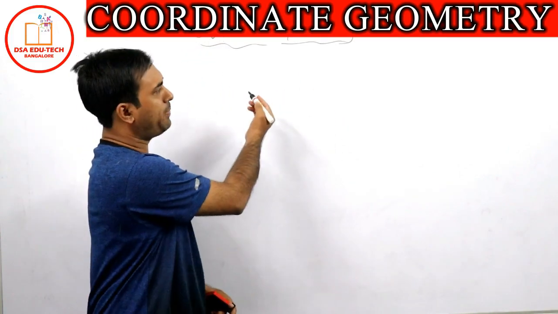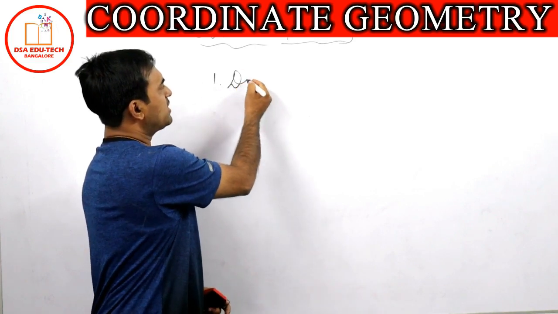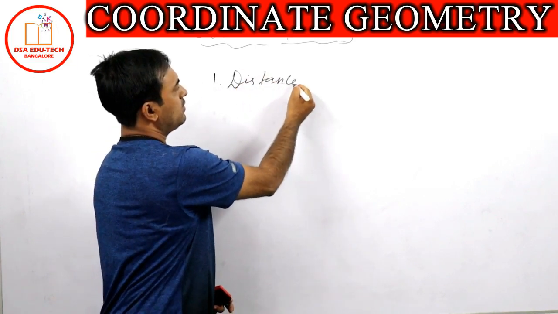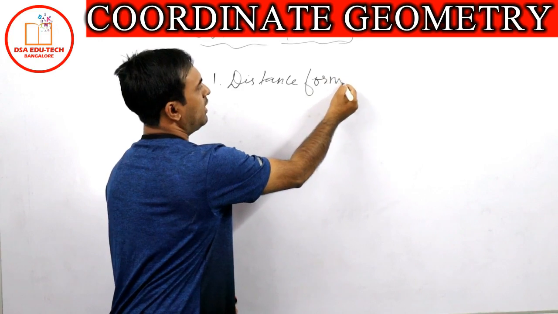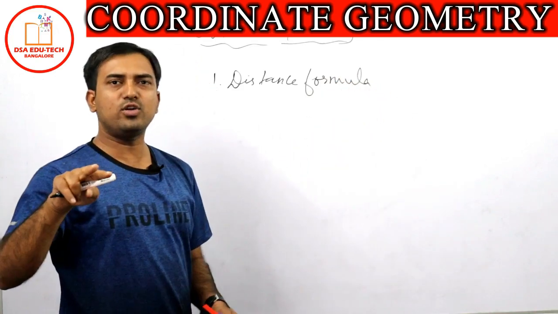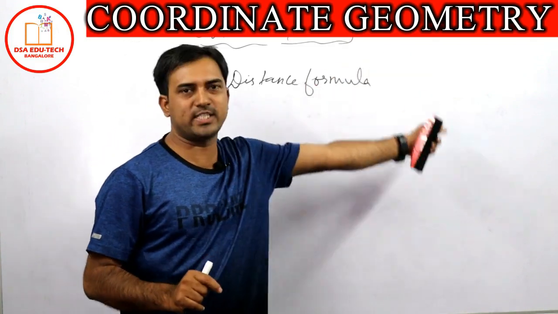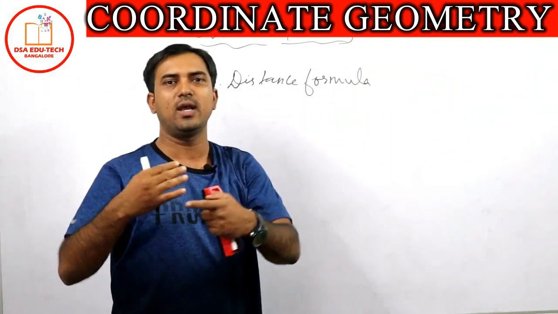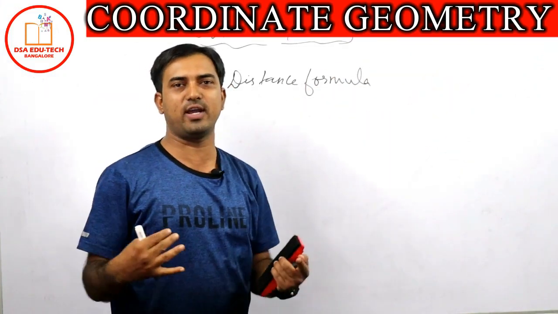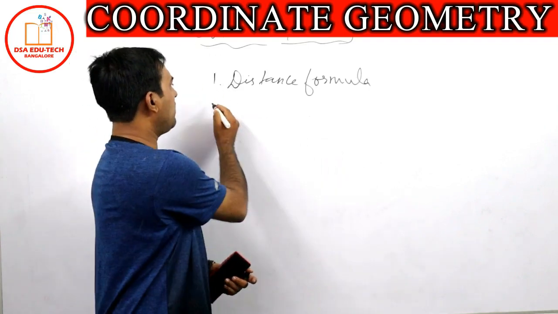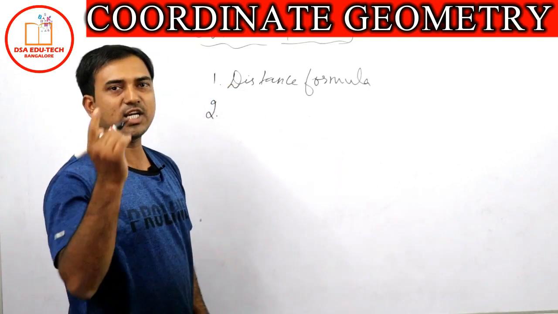It's quite simple. Topic number 1 is the distance formula. We will learn how to find the distance between 2 points. Anyhow, I'll explain the basics also, so that it would be a recap for everyone. The second is the section formula.